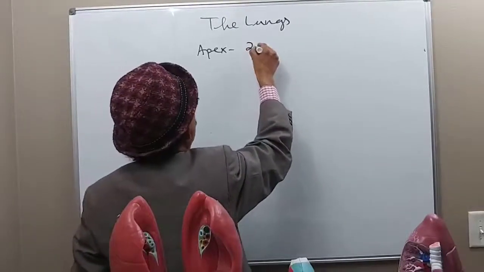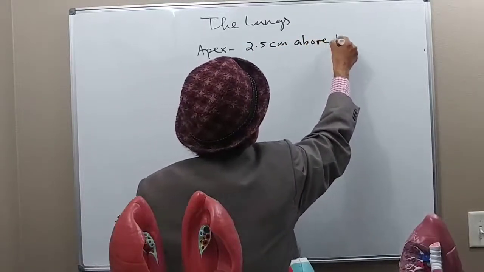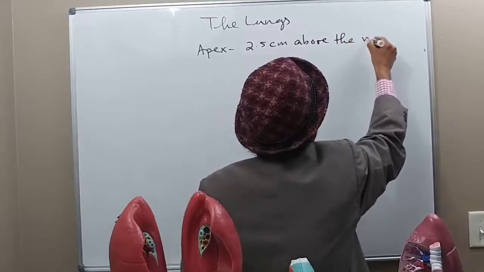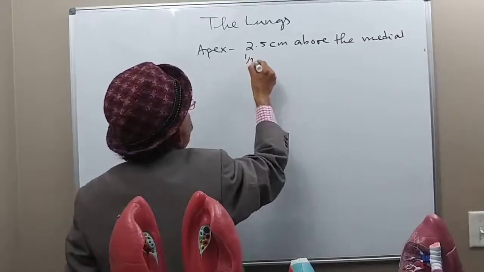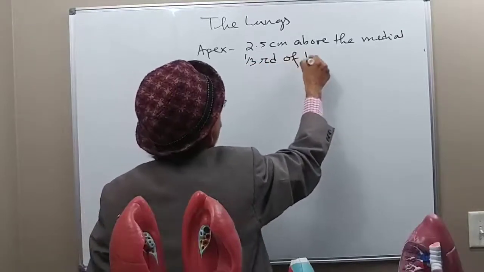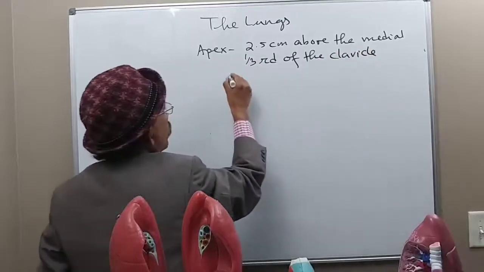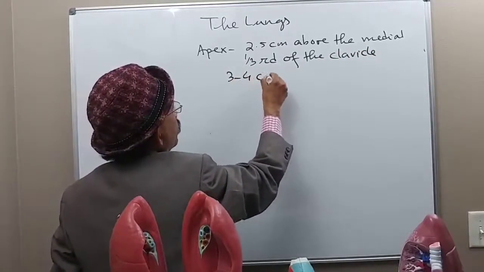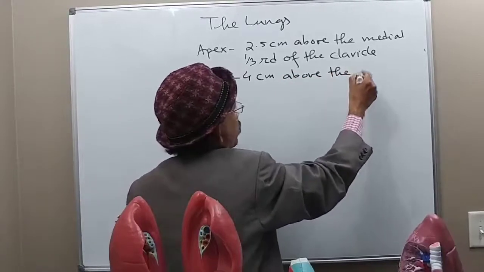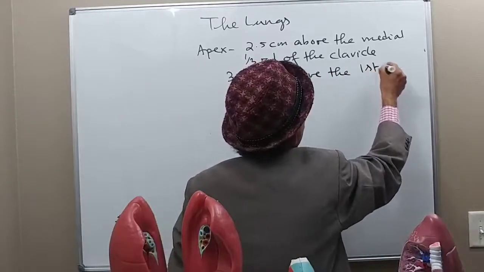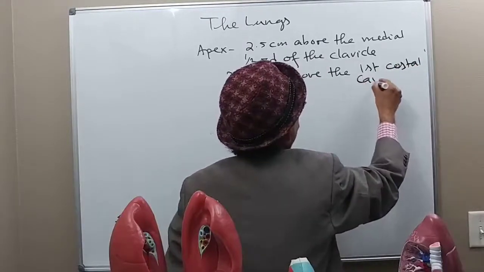It is around 2.5 centimeters above the medial one third of the clavicle. It is also around 3 to 4 centimeters above the first costal cartilage.